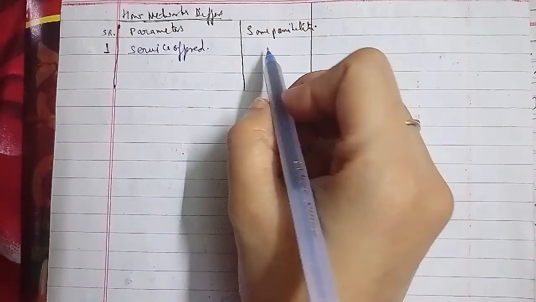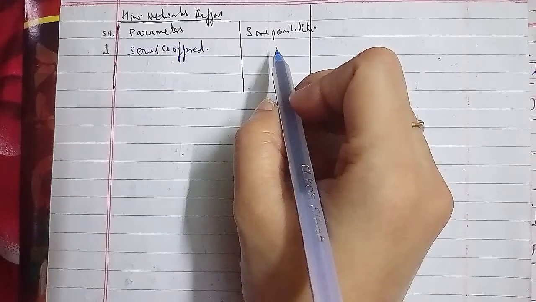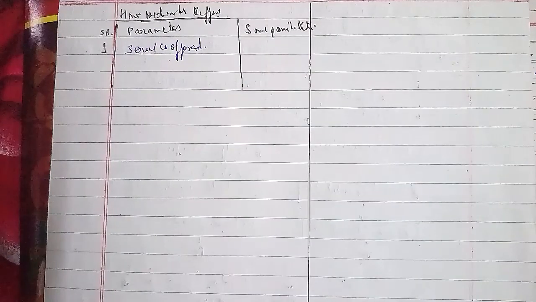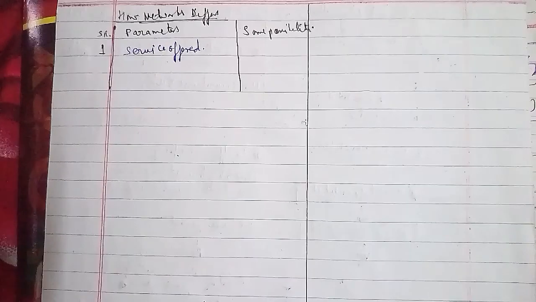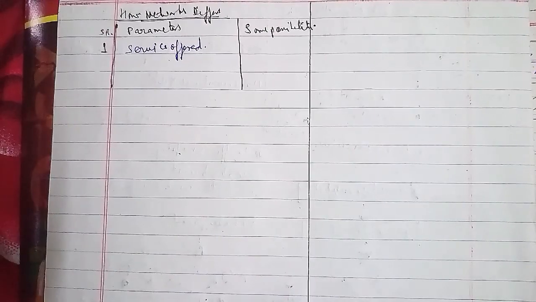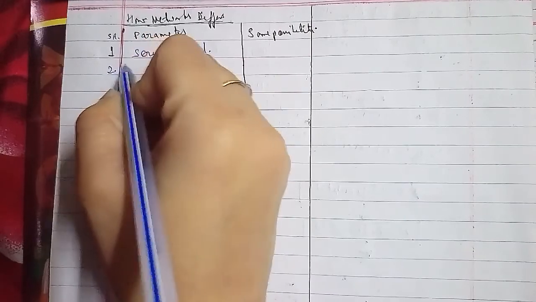The seventh we have is error handling. In the error handling, it is reliable, ordered, unordered delivery. The eighth we have is flow control.